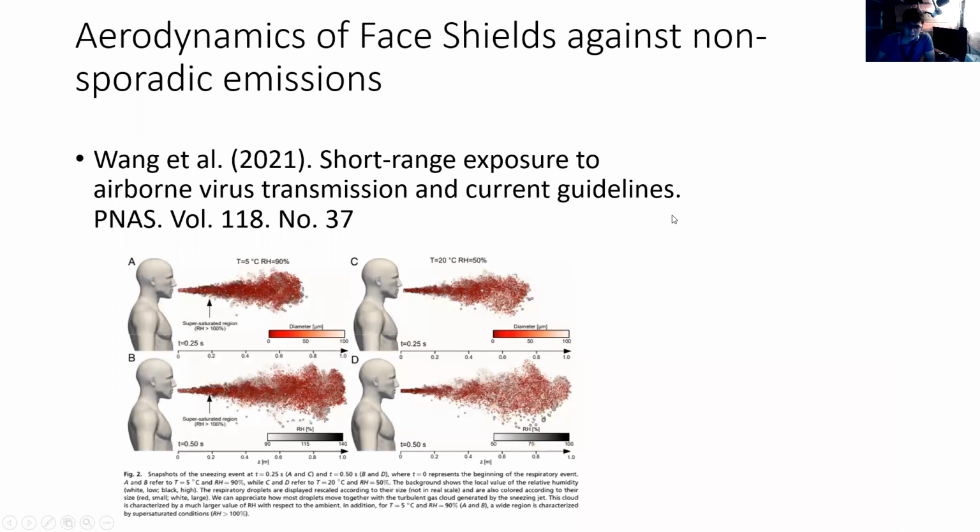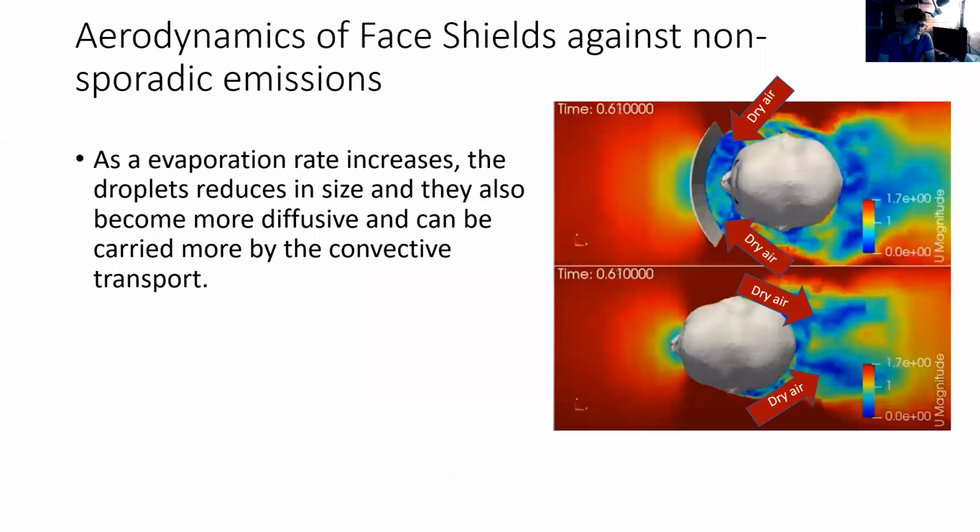And what's actually observed by previous researchers is if there's inhomogeneity in the humidity, so there's high relative humidity, what happens is that the evaporation rate increases. So as the evaporation rate increases, the droplets reduce in size. And since they're smaller in size, they can become more diffusive, and since they became lighter, they are more subjected to or carried by the convective effects.